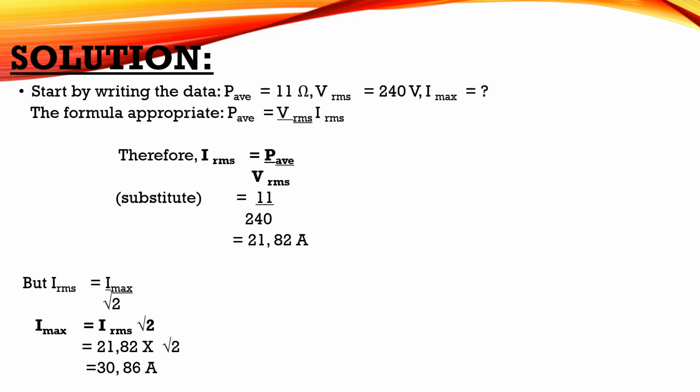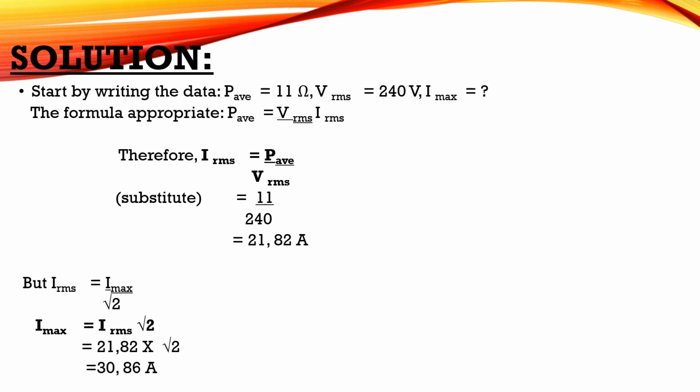Therefore, Irms is equal to P average over Vrms. Then when you substitute, 11 over 240 volts. Then the answer for current rms is equal to 21,82 amps. You can check.